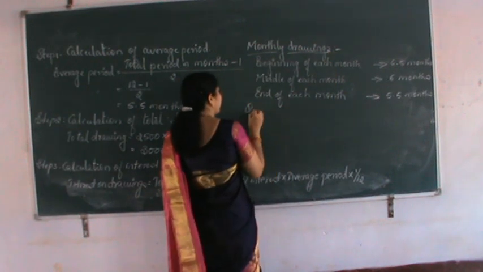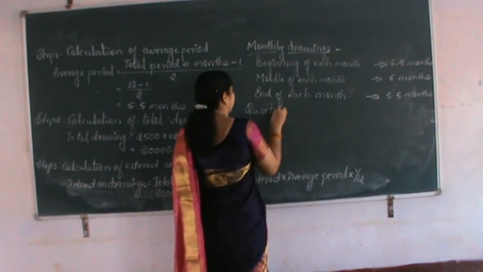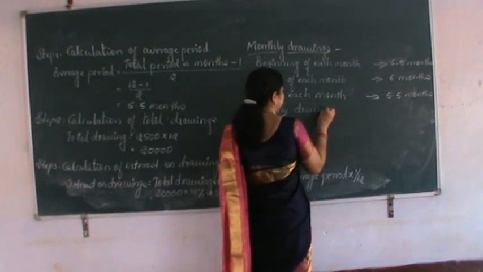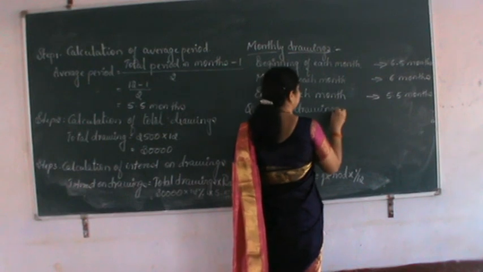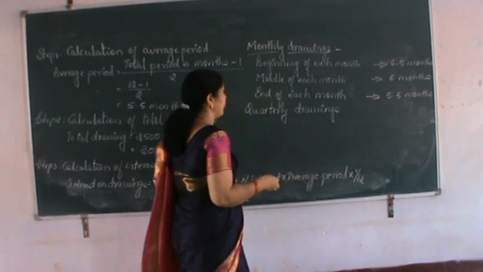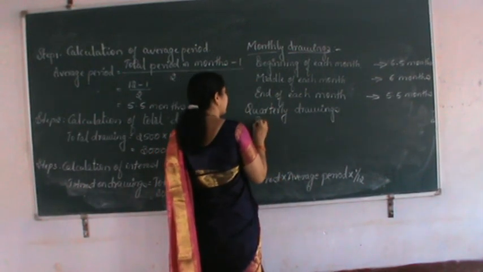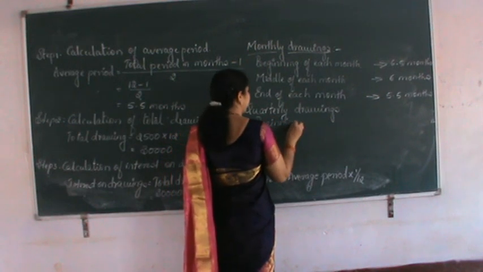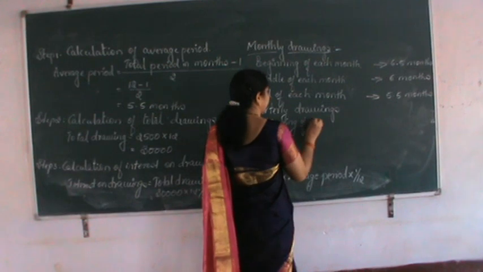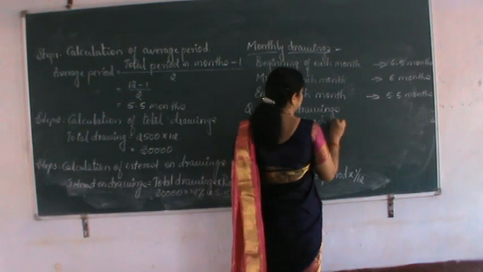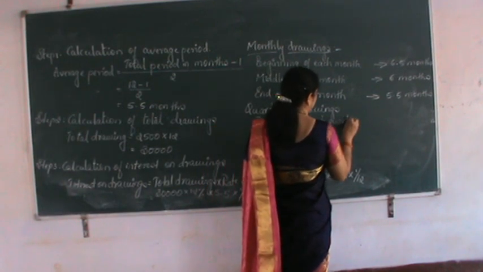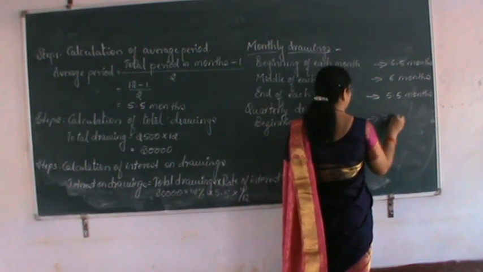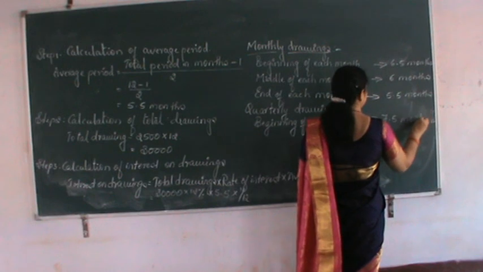In case of quarterly drawings, if the drawings are taken in the beginning of every quarter, the average period will be 7.5 months.